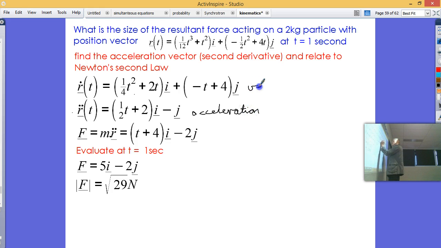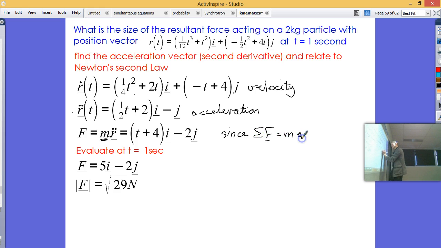That one's velocity. Okay. And then once I got my acceleration, I'm going to multiply my acceleration by mass. And that will give me mass times acceleration, which is the same as force. And that's my resultant force.